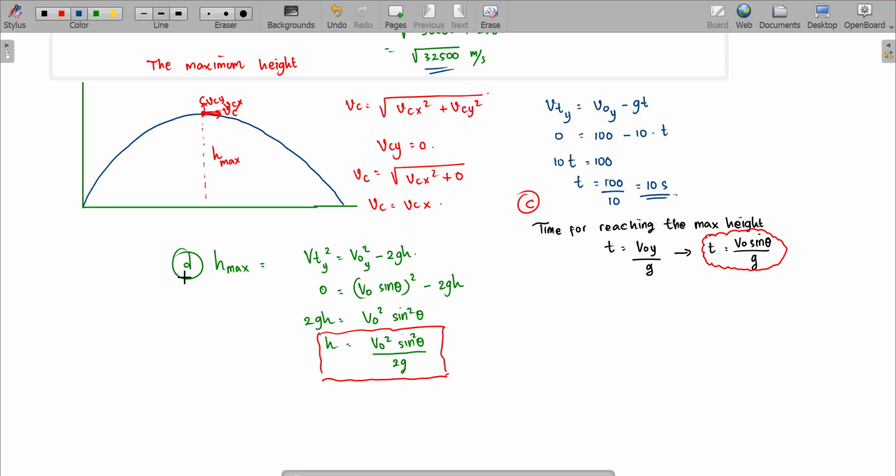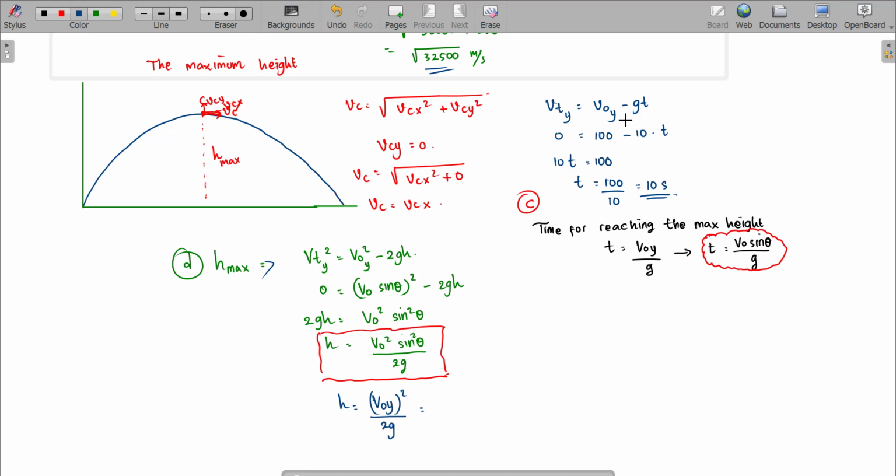So how much is the maximum height? Okay, I will use this one. V0y square over 2g, so the result will be made faster.